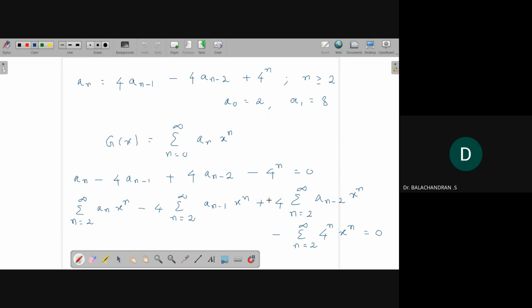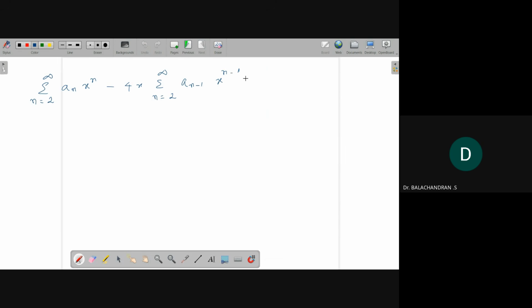So take x square common, plus 4x square summation n equal to 2 to infinity an minus 2 x power n minus 2.